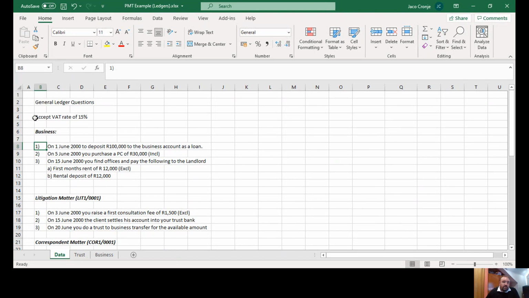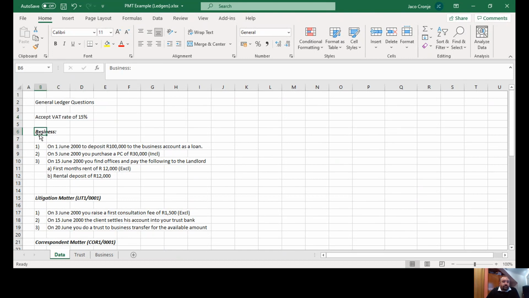Right, so general ledger questions, except that at the time of doing this question, the VAT rate is 15%, although you'll see that the dates relate to a much older period. Let's use 15% so that we stick to the current VAT rate.